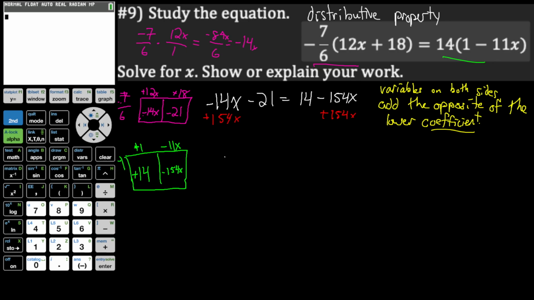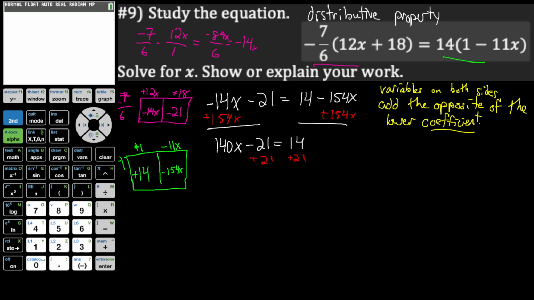So now I can use my inverse operations. I'm going to say this is going to be 140x minus 21 equals 14. Add 21 to both sides.